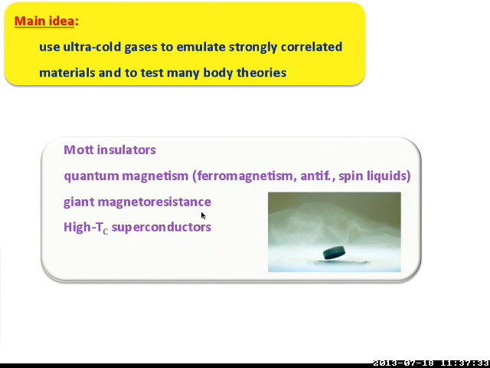These systems are particularly interesting because they show a plethora of fascinating and also useful phenomena: strange insulating phases, quantum magnetism, giant magnetic resistance, and probably the most interesting phenomenon, high temperature superconductivity. The big problem is that in these materials you have electrons which are strongly correlated, and we don't have an exact and reliable theory to predict their properties.